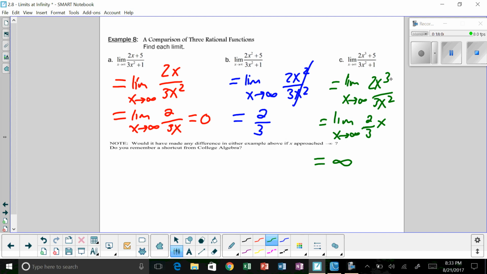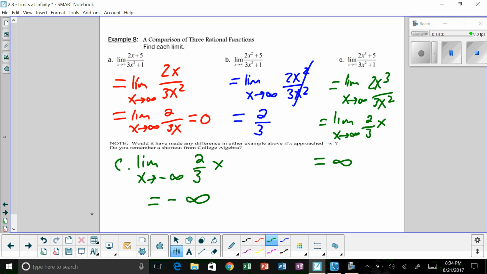And then finally, in part C, what would be the difference? Well, in part C, as x approaches negative infinity, the algebra is still going to be the same. It's still going to reduce down to 2/3 x, but this time x is going to negative infinity times a positive 2/3, so our answer is negative infinity.